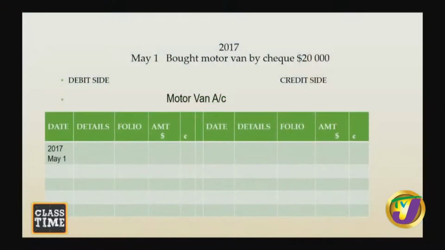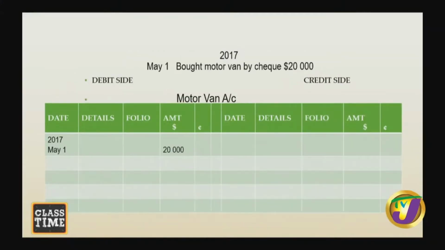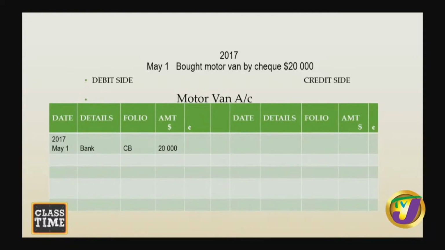What comes next? In the amount section, the motor van was bought for $20,000. So I have $20,000. Transaction not finished posting. If you notice, in the details, I have bank.